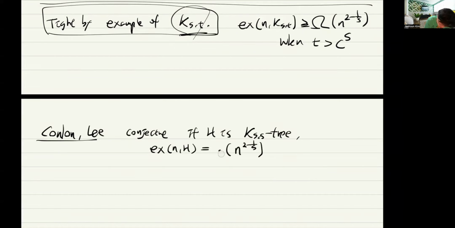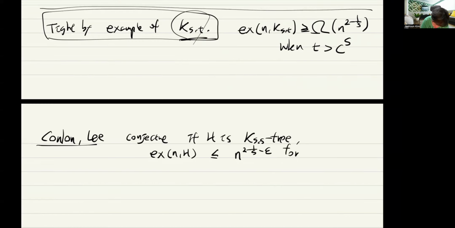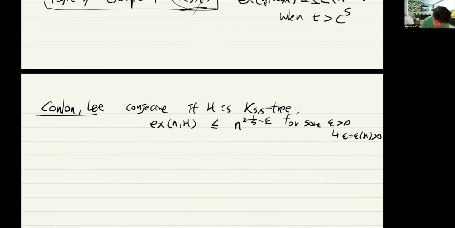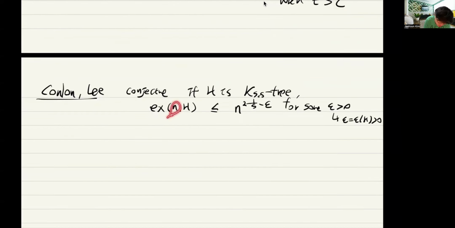They further conjecture that this is smaller than n to the 2 minus 1 over s minus epsilon for some epsilon, which is a positive constant depending only on H, not n.